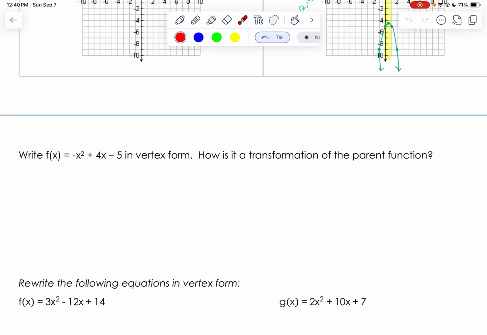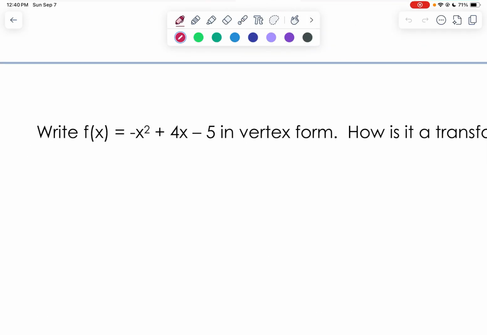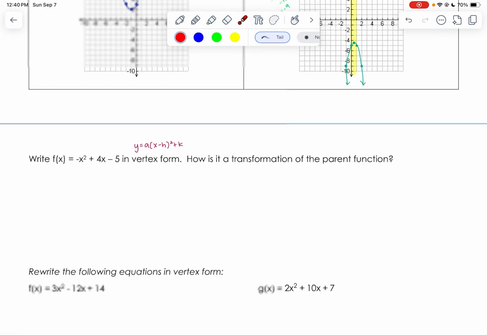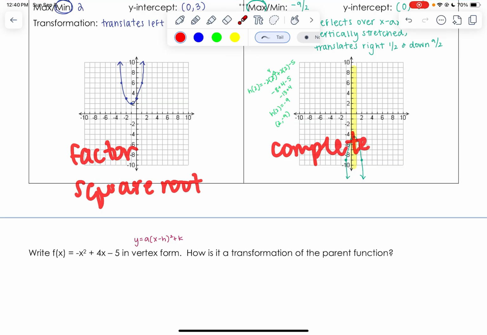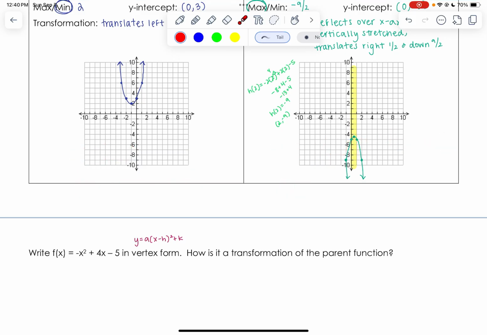Okay, now vertex form was y equals a times x minus h squared plus k. If you think back to when we did a lot of solving, to find the x-intercepts on any of these, you could factor, you could do square root, you could do completing the square, or you could do quadratic formula, which was your kind of last resort, right?